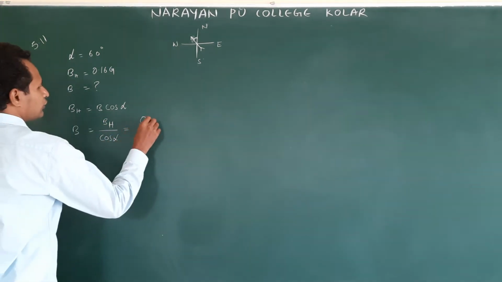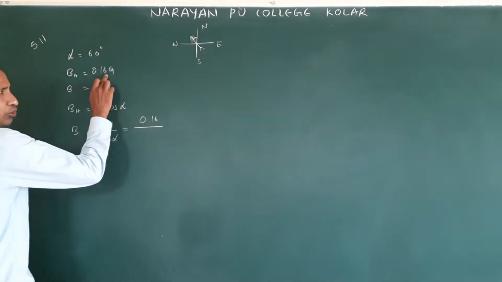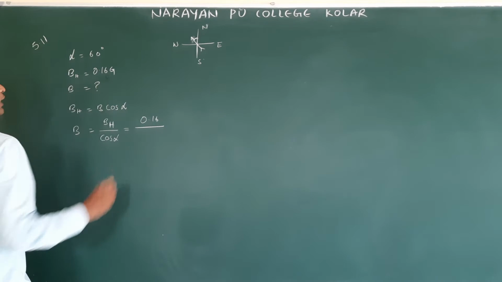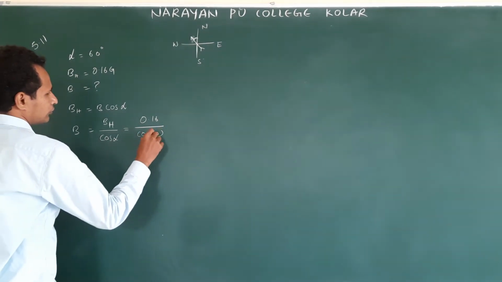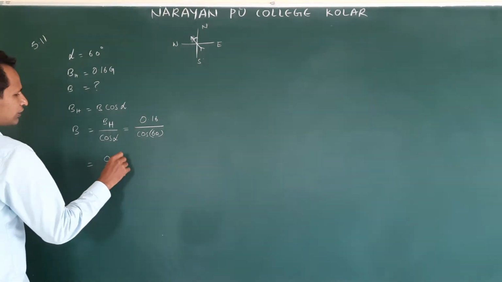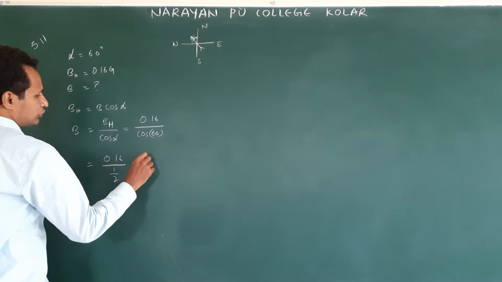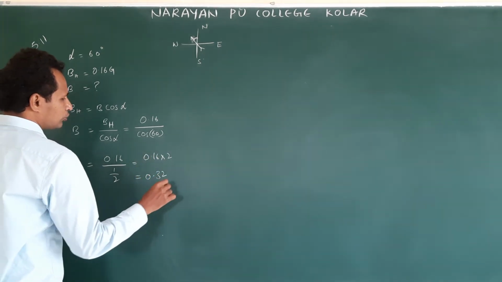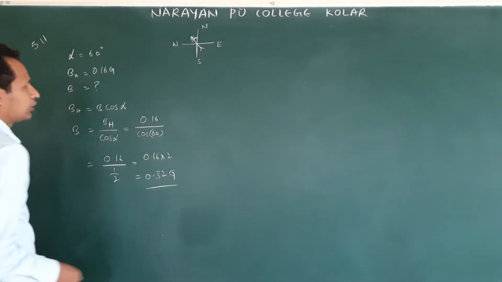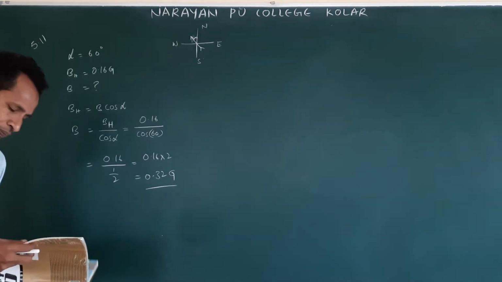BH is 0.16 Gauss by cos 60. If the answer is in Gauss, no problem. If the answer is in decimal, we will convert. So this is 0.16 by 1 by 2. 2 comes up, 0.16 into 2, this is 0.32 Gauss.